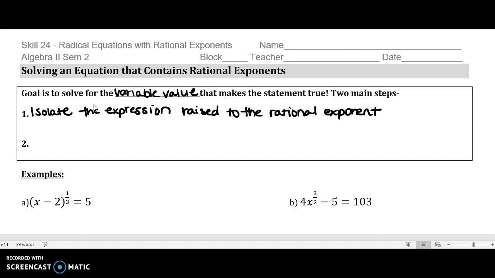Then your step two, very similar again, is to undo the rational exponent.